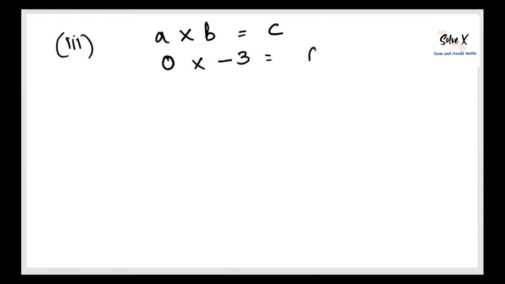Next we will check it for multiplication. A into B is equal to C, where I'll take 0 as an integer into minus 3 as an integer. The product is 0, it is also an integer. So this property holds good for multiplication as well.